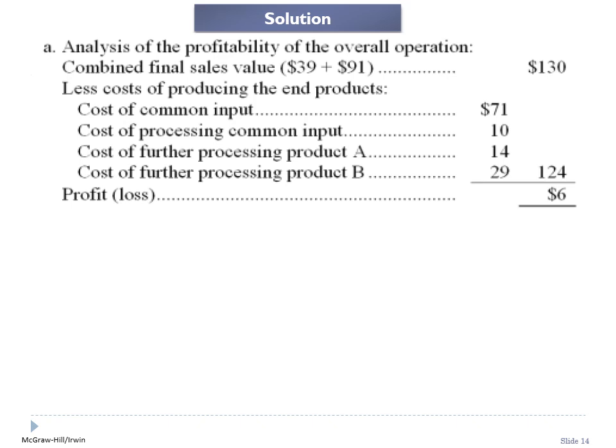So the summation of these costs will be 124. If we deduct 124 from 130, the profit will be $6.